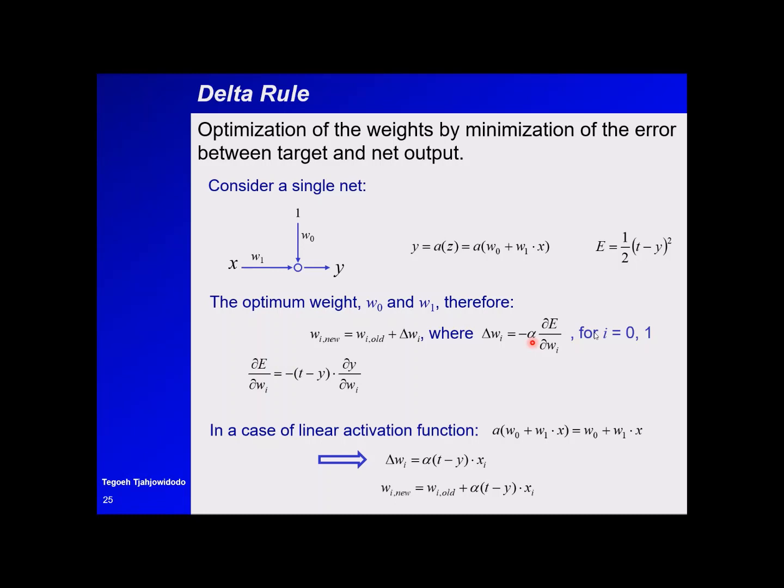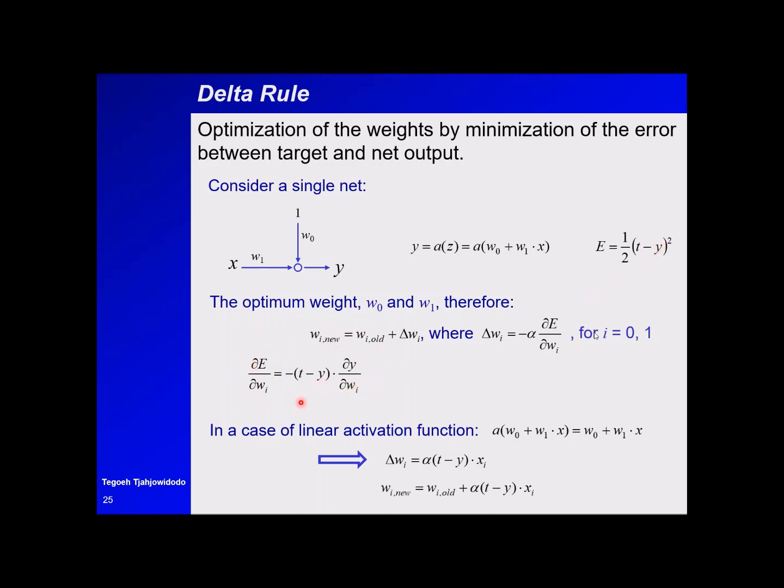So in this case, again, if let's say error is expressed by this function, then the first derivative of error with respect to W will be equal to 2 times half times T minus Y times the first derivative of Y with respect to W times minus 1, of course, because we have a negative Y in here.